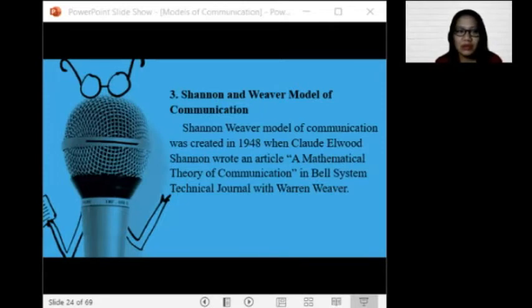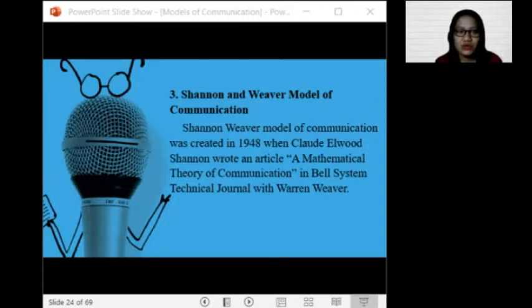Their mathematical theory of communication later became known as the Shannon-Weaver model of communication. You must take note that the Shannon-Weaver model is called the mother of all models. It is called that because this model is more technological than the first two models of communication that we mentioned earlier.